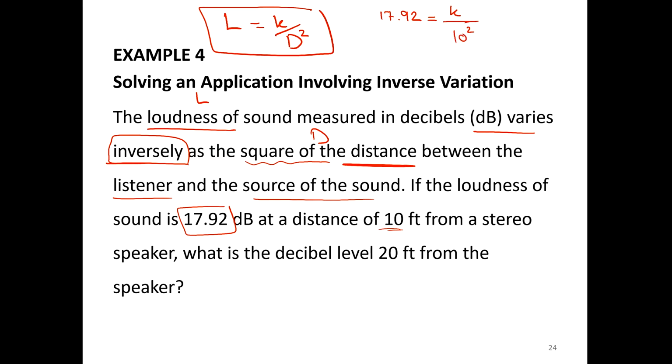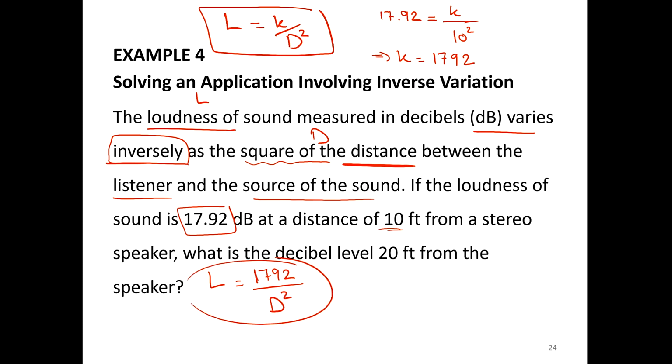So to find the K, K equals 17.92 multiplied by 100, so we have 1792. This is the value of K. So L equals 1792 over D squared. Okay, this is the formula.